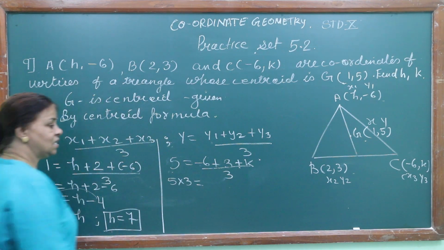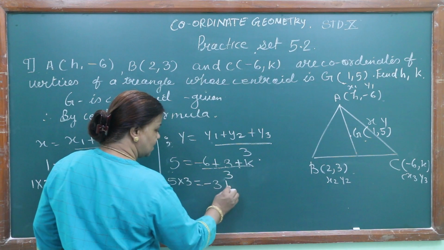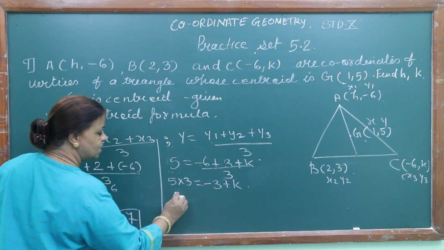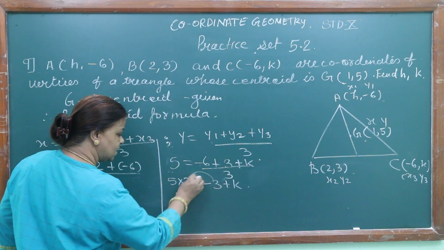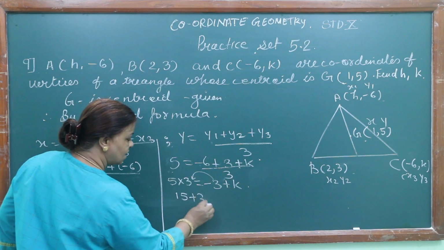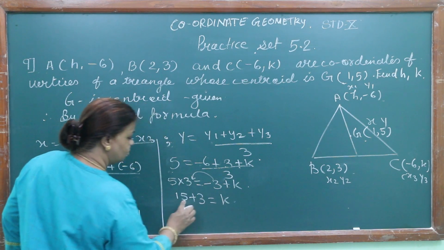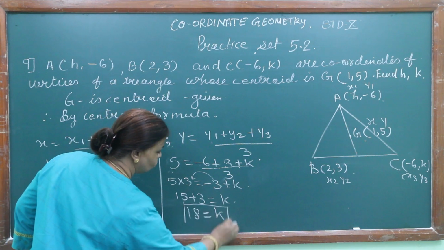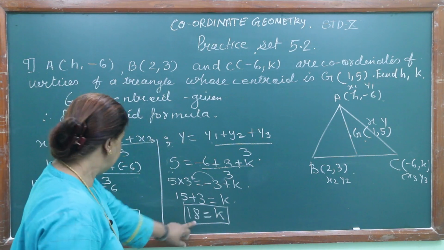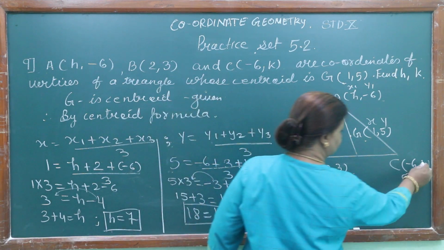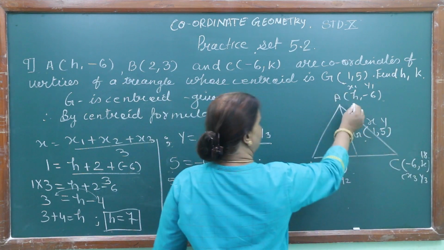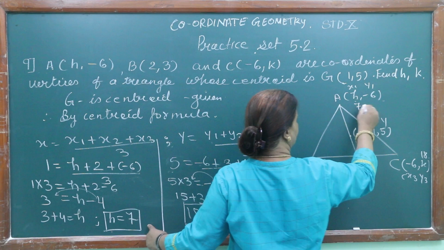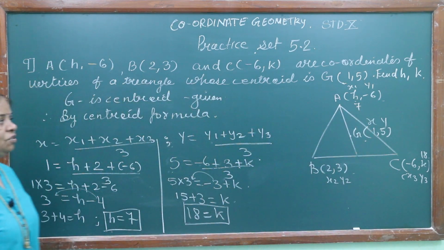It will be minus 3, sign of greater number, minus 3 plus k. 5 3s are 15, minus 3 will come here, plus 3 which is equal to k. 15 plus 3 is 18 is equal to k. So the k value also we got as 18. So here k is 18 and h is 7. You can pause the video, children, and you can solve the sum.